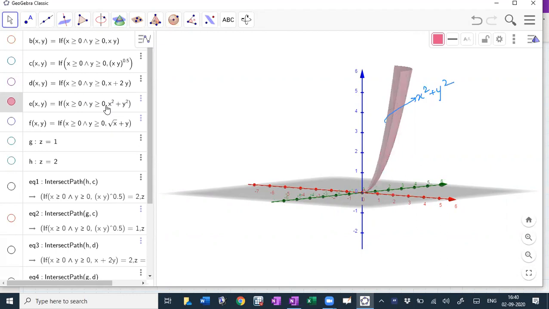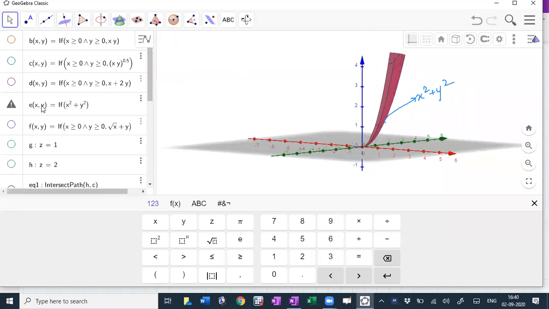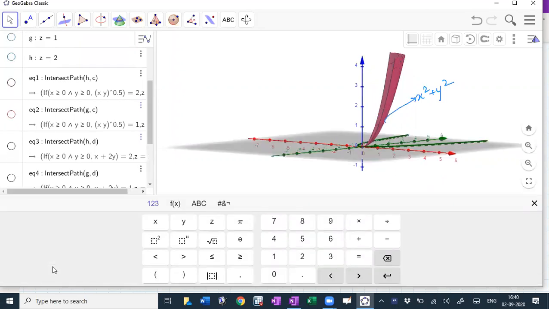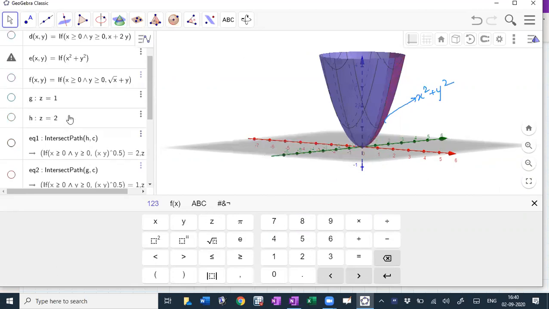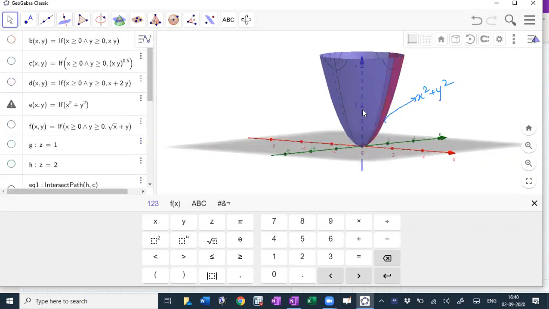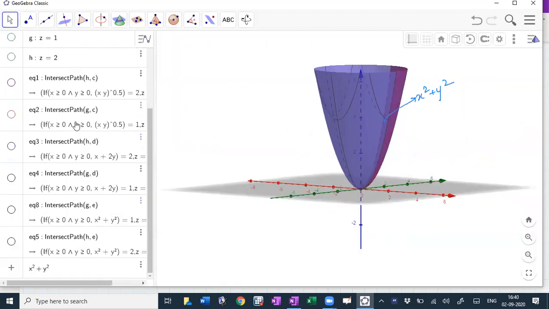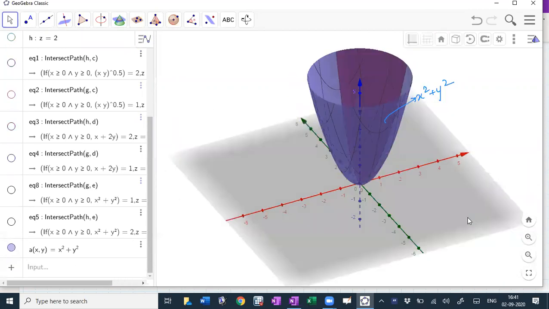It's actually cup shaped. So let me edit the function and show you the actual function if I don't impose the restrictions. If I don't put the restriction that I only want it in the first quadrant, then it's going to look like this kind of an upward opening cup shape, which is basically just a paraboloid.